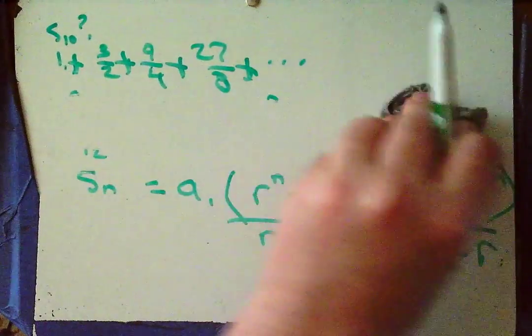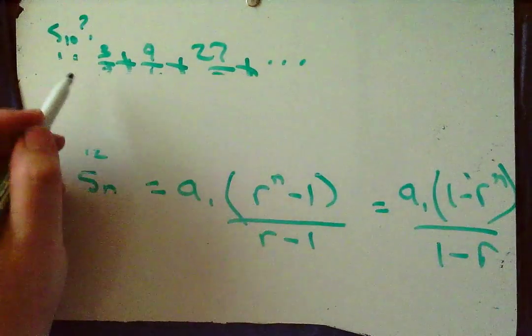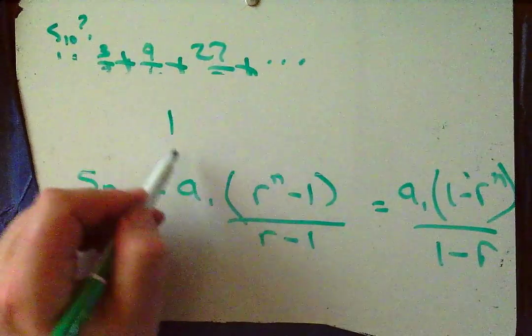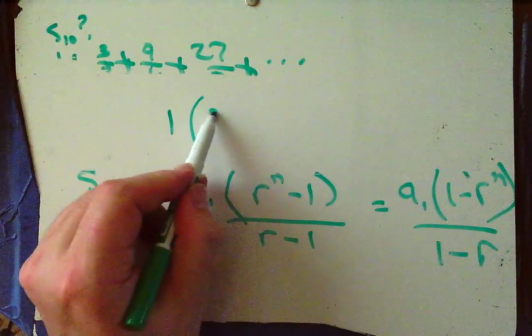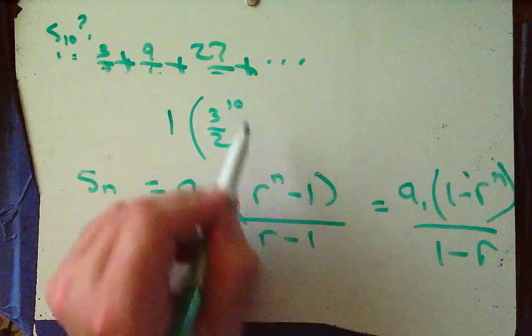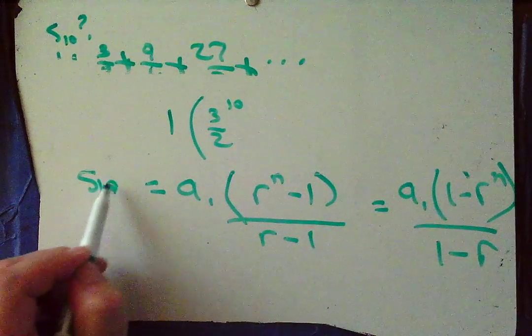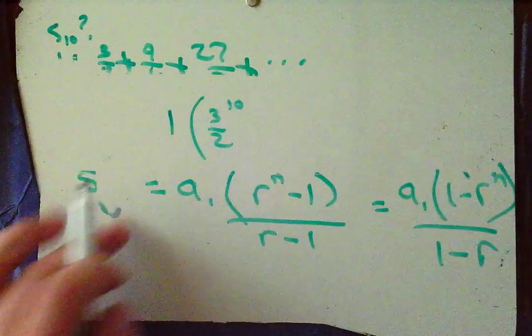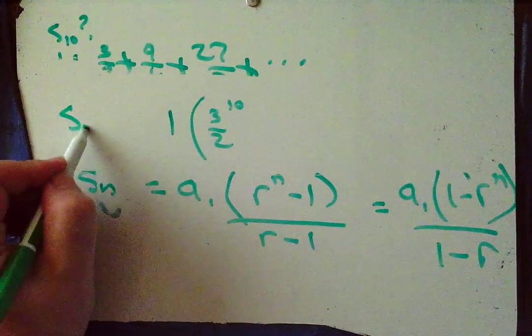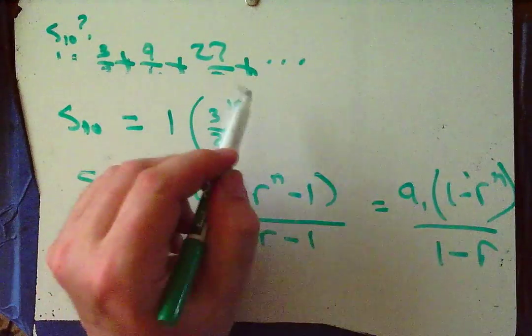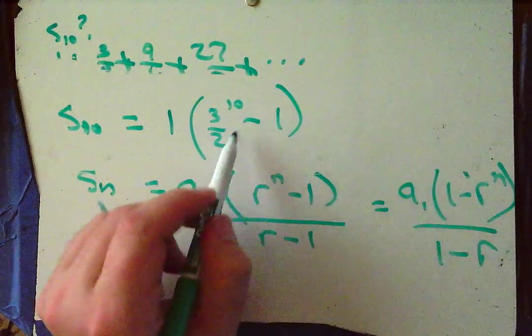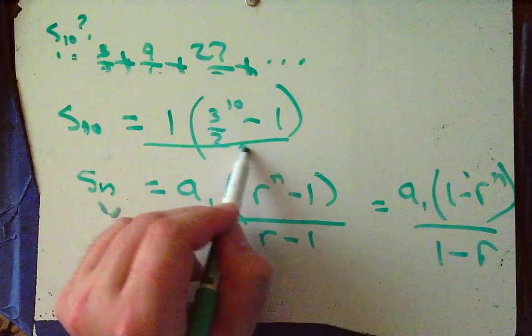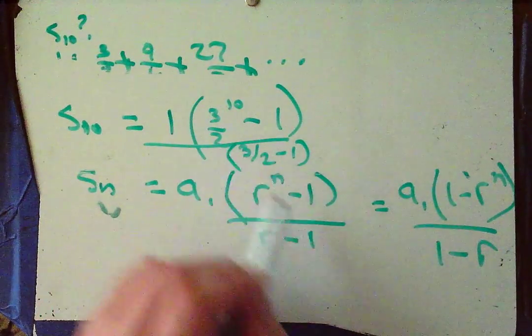Okay, so let's plug in what we know. We know that a sub 1 is 1. We know that r is 3 halves to the 10th, because we want s sub 10, minus 1 over 3 halves minus 1.